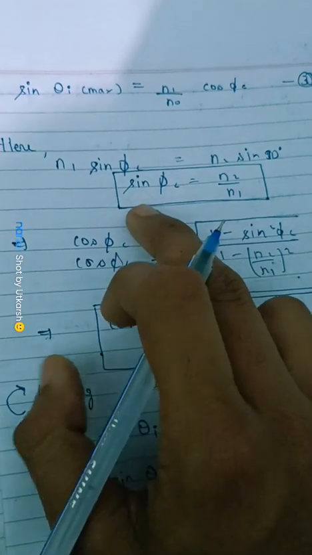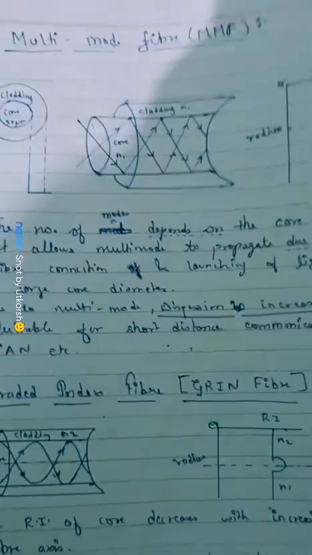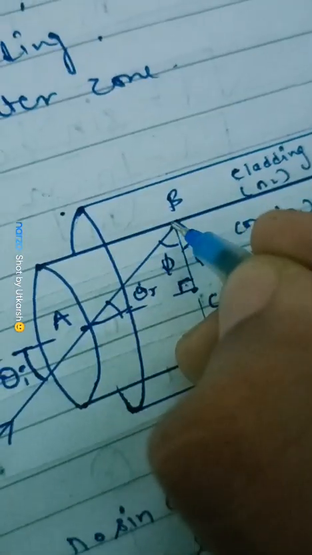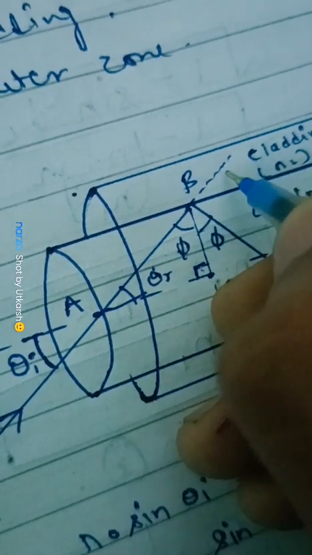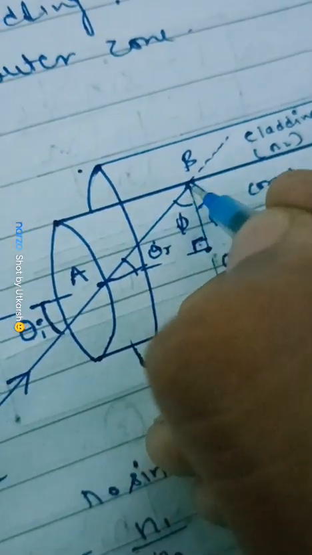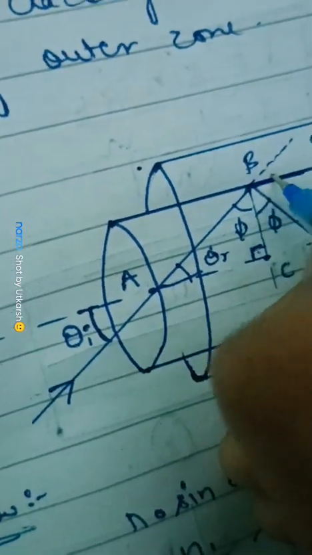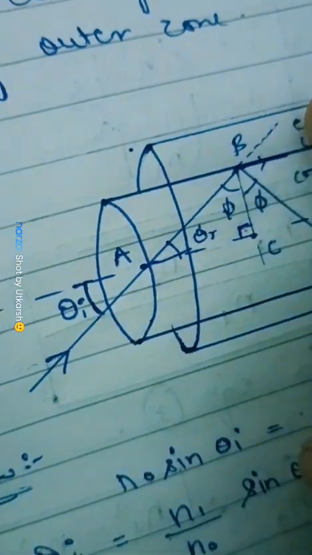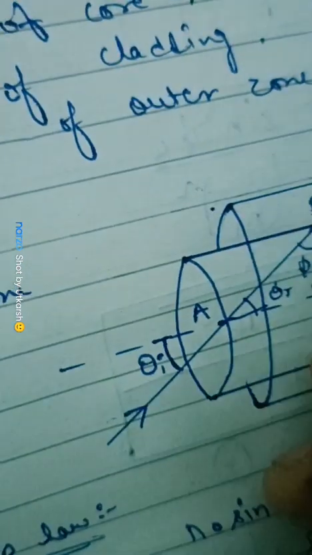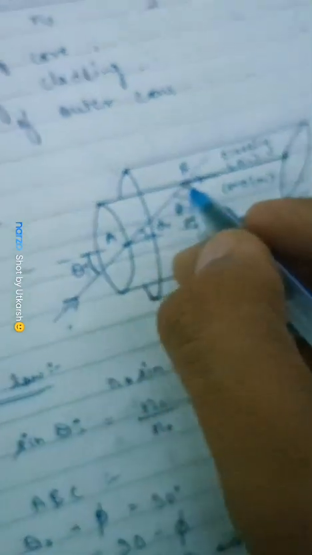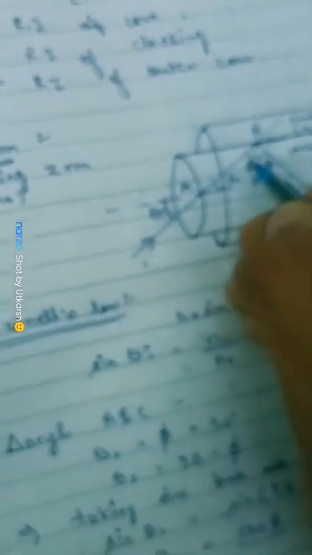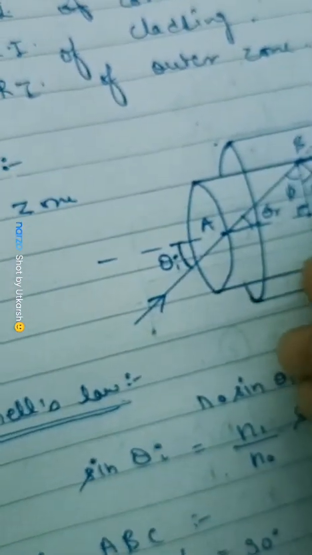Here we can see that from this side the light ray will go into this region. If it does not go, then it will be absorbed here. So the angle of incidence for the critical angle is 90 degrees.